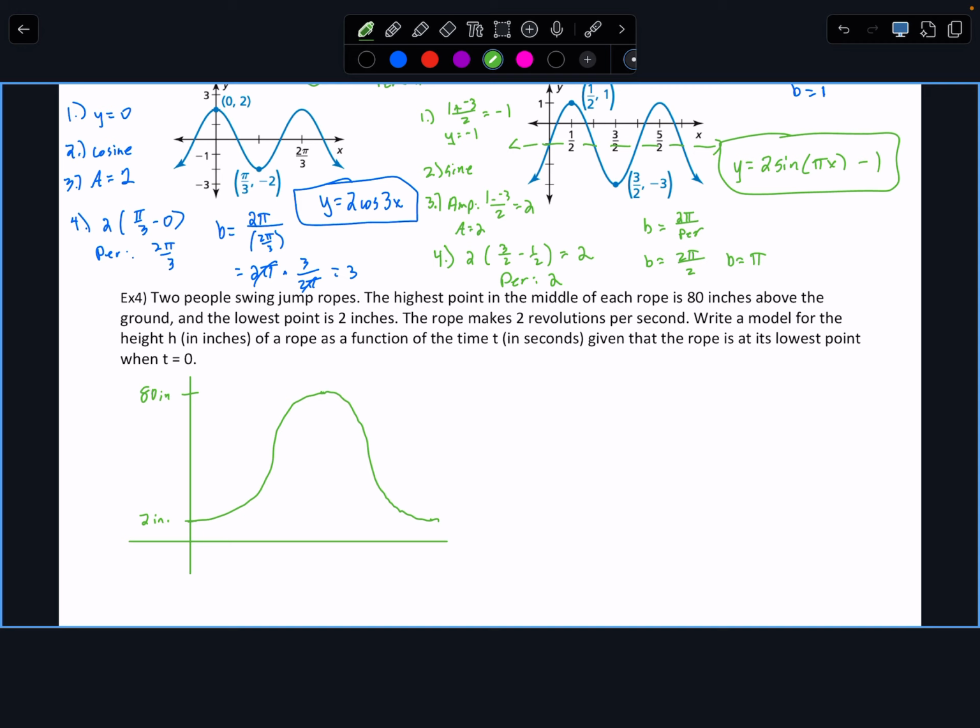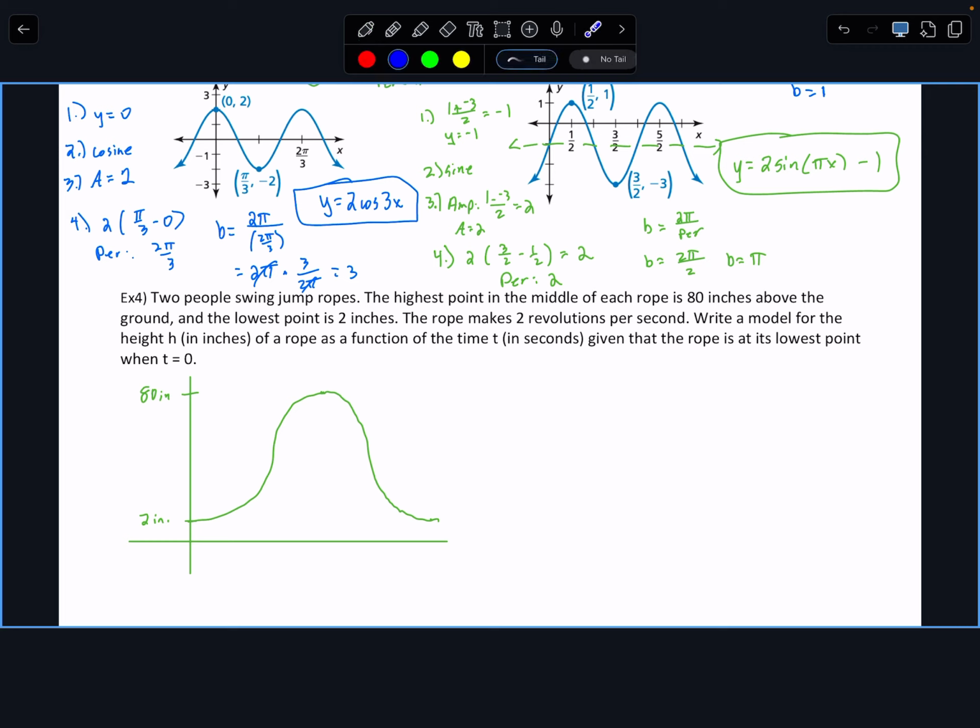So if this is the height of the rope over time, I'm telling you it's going to take the shape of a sine or cosine curve. And so this would be the graph for one revolution, because it started at the low of 2 inches, it went to the high of 80, and it came back to the height of 2 inches. That's only one revolution.